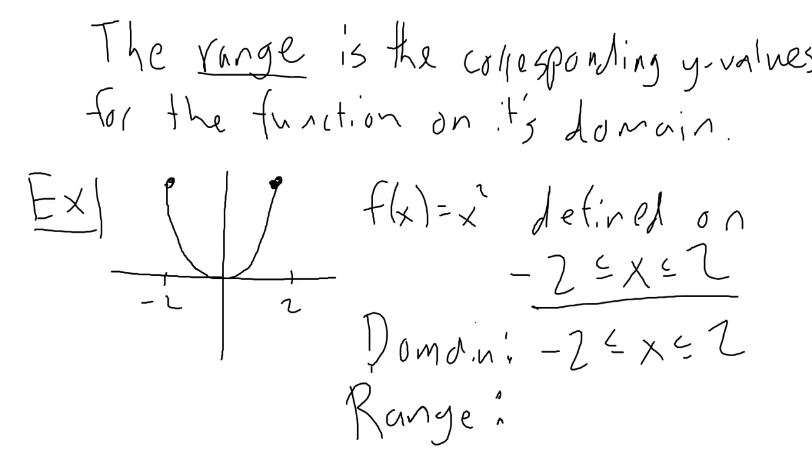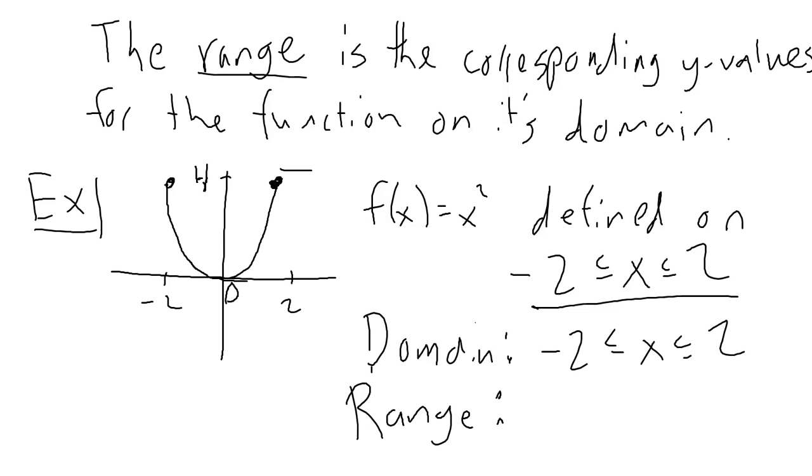And then the range would be all possible outputs. Just by looking at the graph, you can see I get every possible output from 0 to 4. Everything in between gets covered. 4 because this endpoint, f of 2, would be 4.